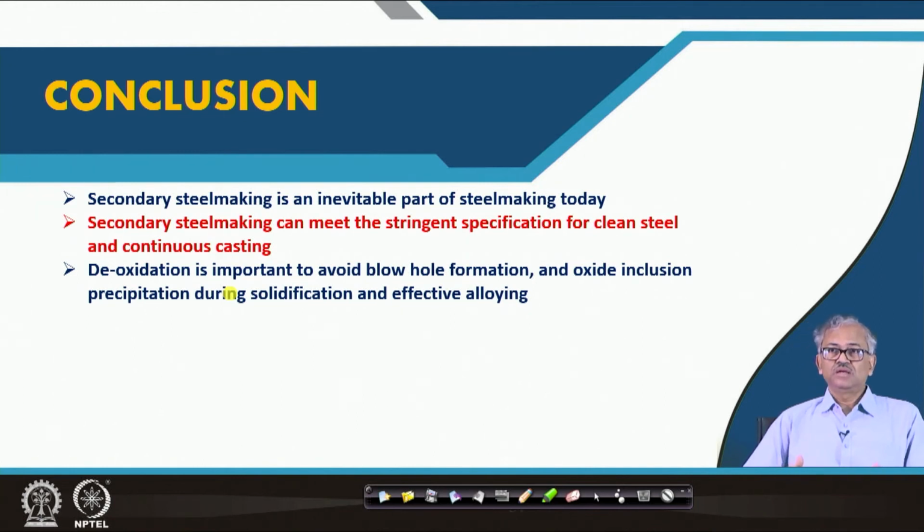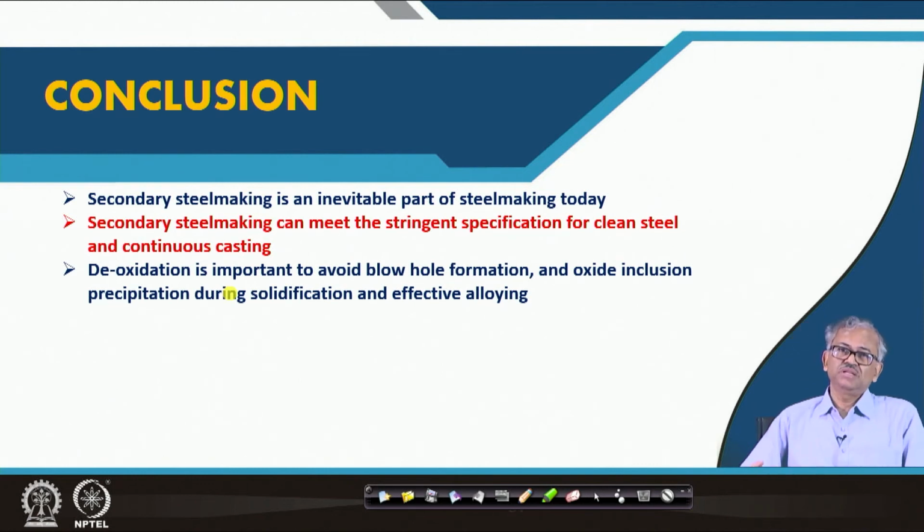Unless you can remove this oxygen, it will make a problem during solidification, because liquid steel can accommodate 1000 ppm of oxygen in the dissolved state, but when you solidify it into a solid product, it does not have the capacity to hold that much oxygen inside its solid structure.